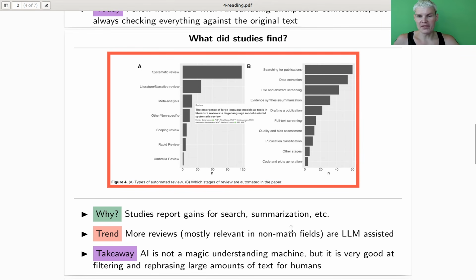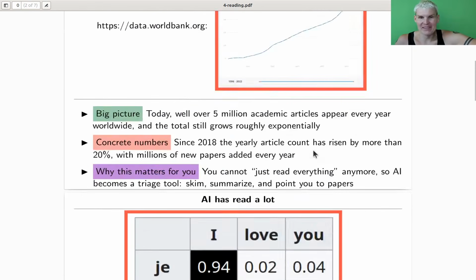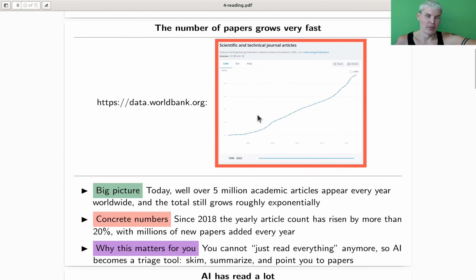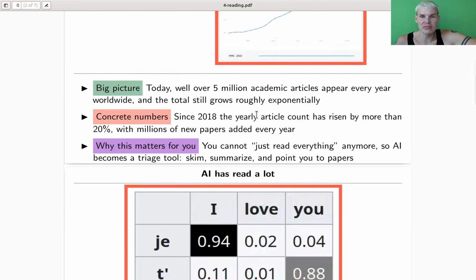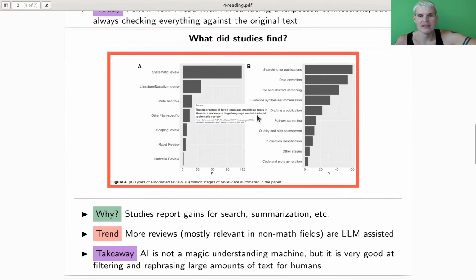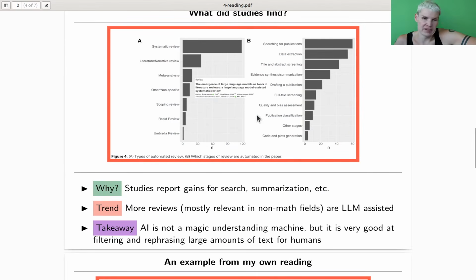But most reviews at this point are actually LLM assisted, and this trend will just grow because, again, the problem is too many papers. Nobody can read all papers, so it's probably better to have some reviews of some important works, and this is just what LLMs will be used for. So there's probably no way to stop that, right?